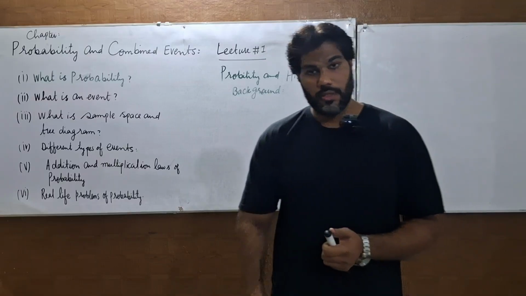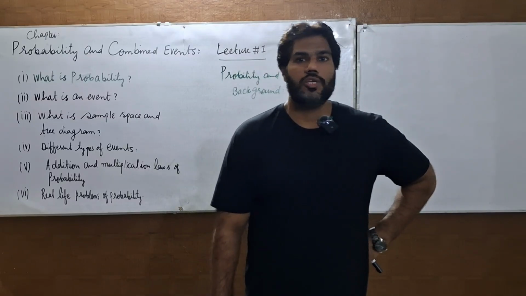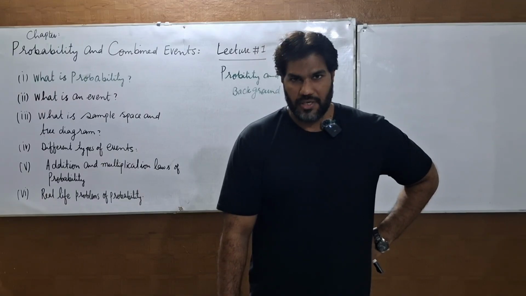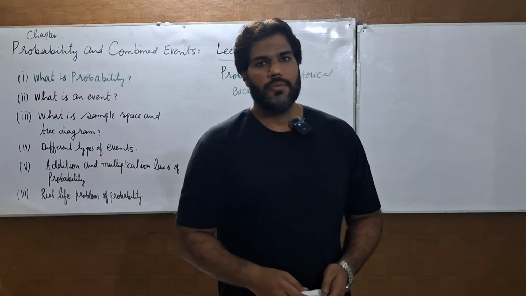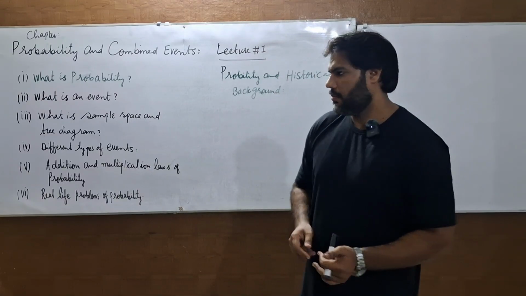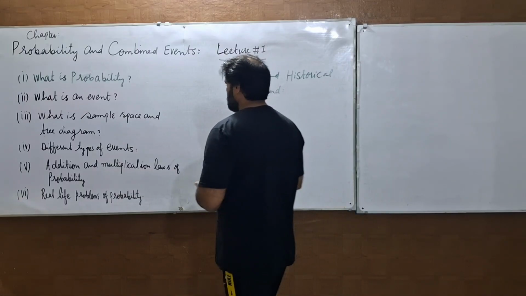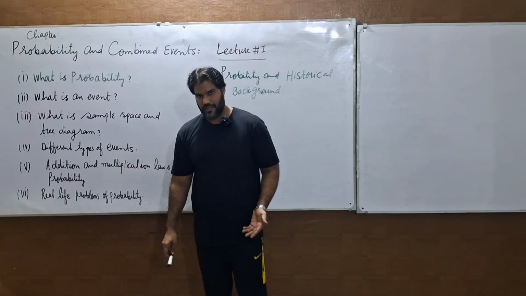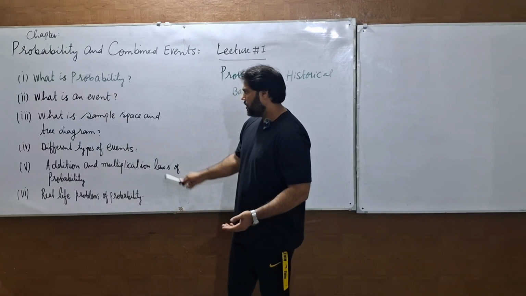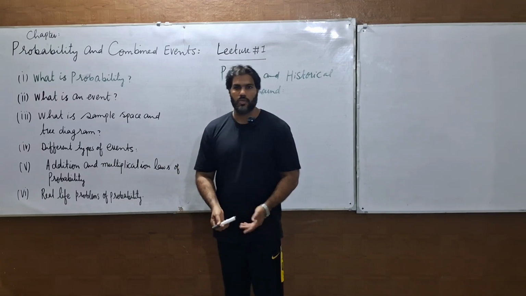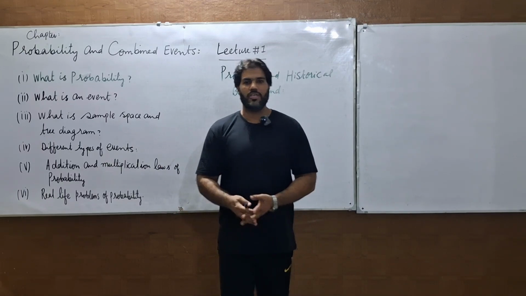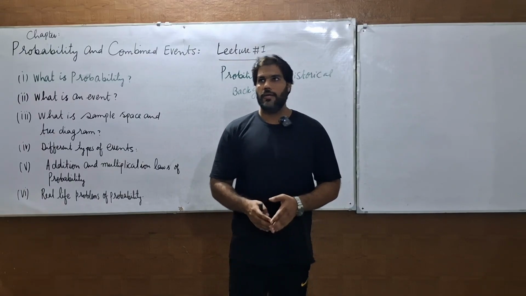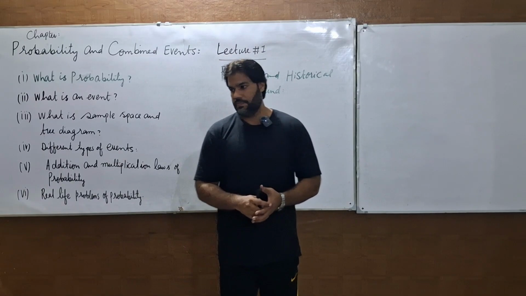In today's lecture, we are going to start a new chapter: probability and combined events. In this chapter, we will learn about the following topics: what is probability, what is an event, what is a sample space and diagram, a tree diagram, different types of events that include mutually and not mutually exclusive events, equally likely events, independent and dependent events.